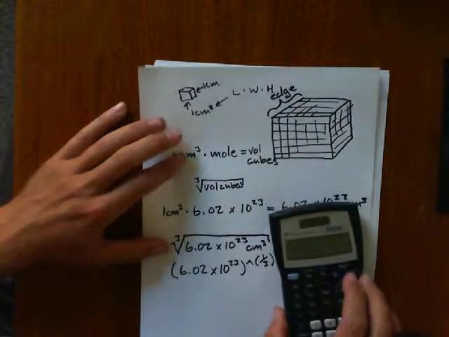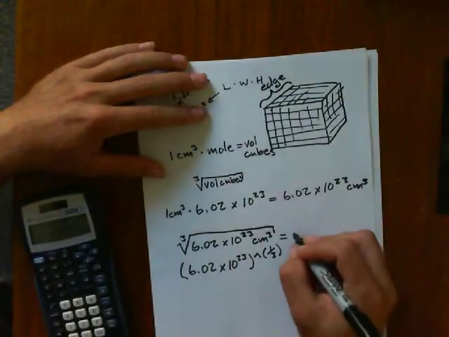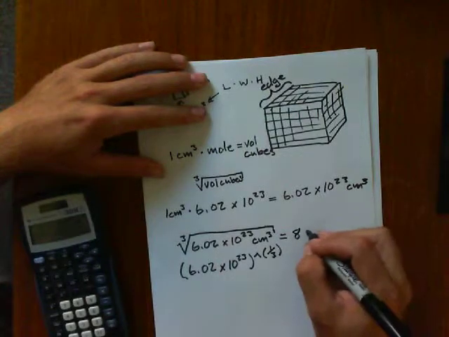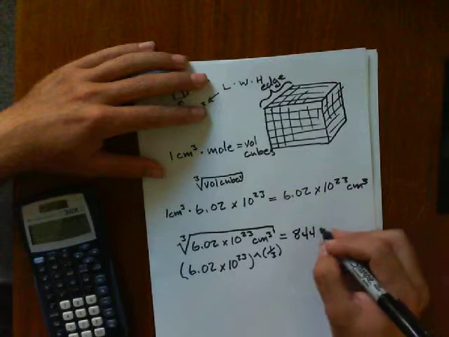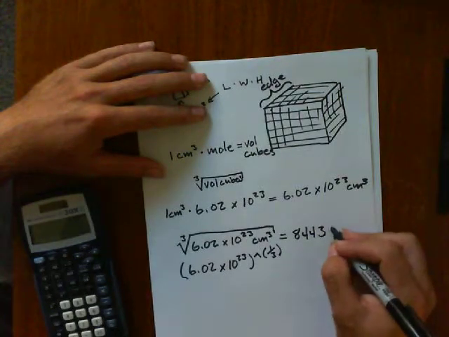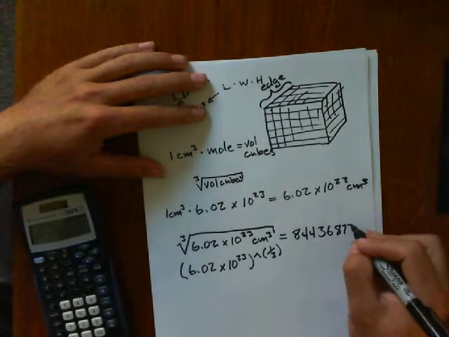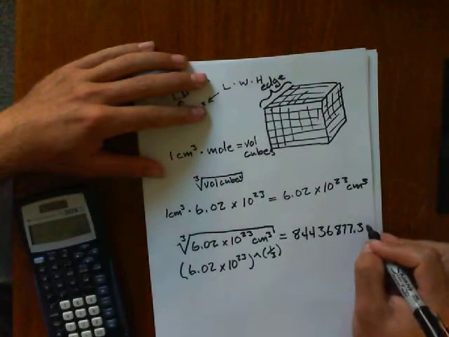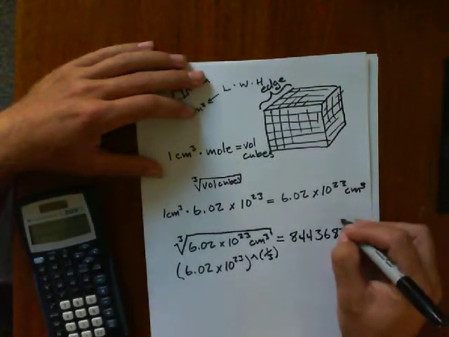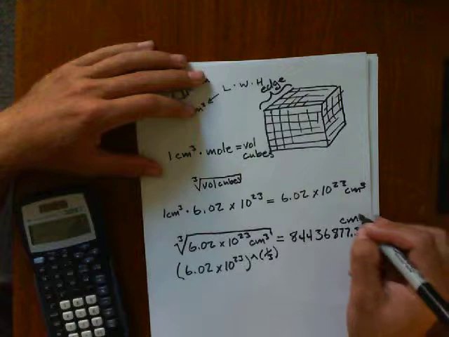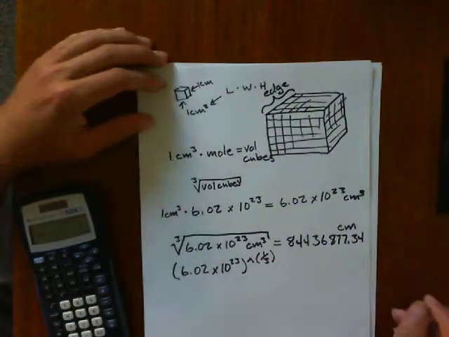Okay, so we get this really long number. This equals 8.443687734, and then that would be centimeters, because it's not cubed anymore.